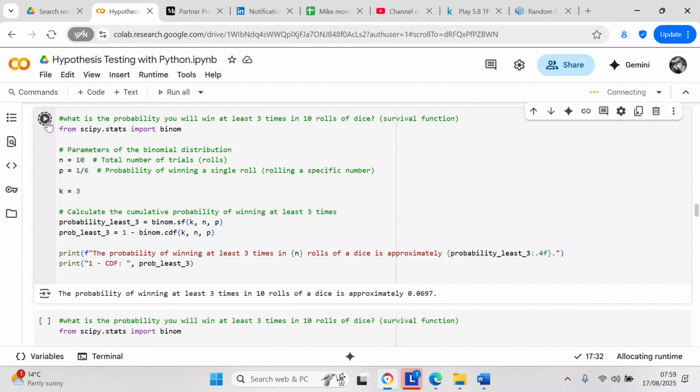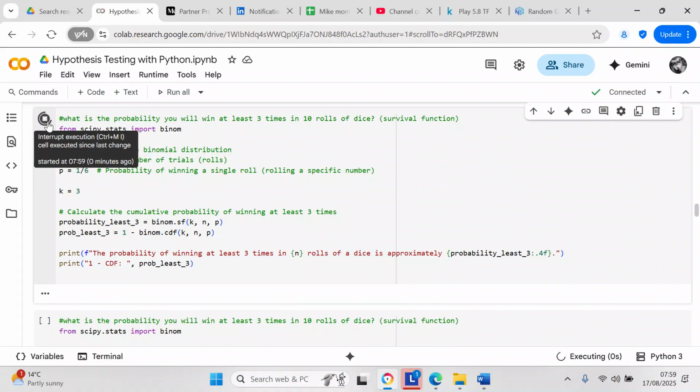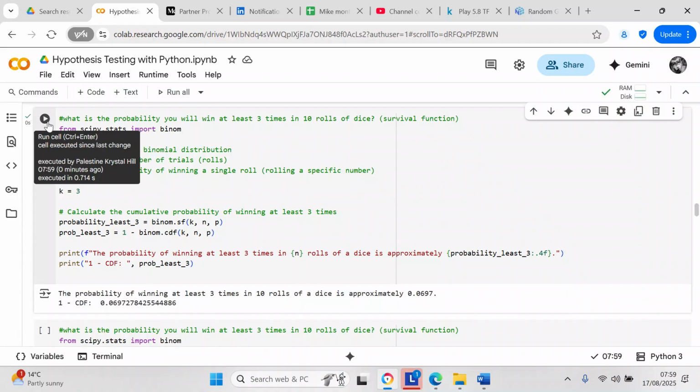We're just running it again. You can see that the survival function is 0.0697 and 1 minus the CDF gives 0.0697. So that's just giving you the same value.